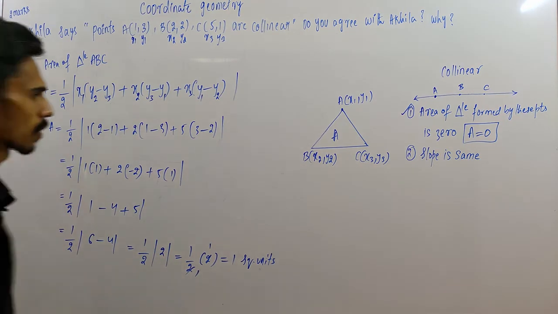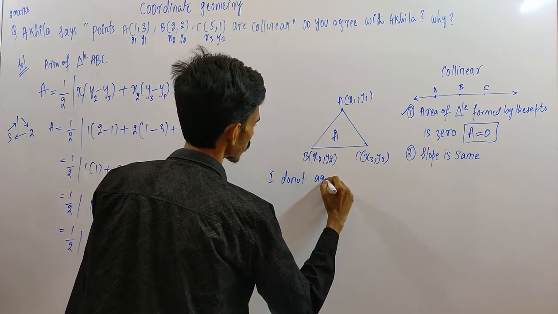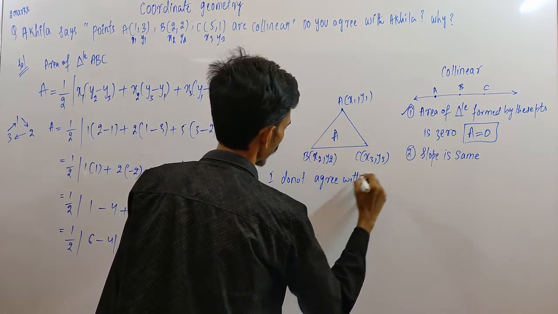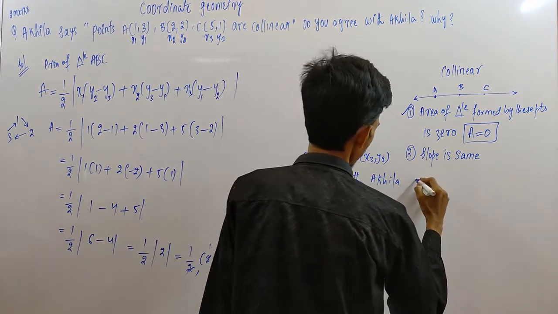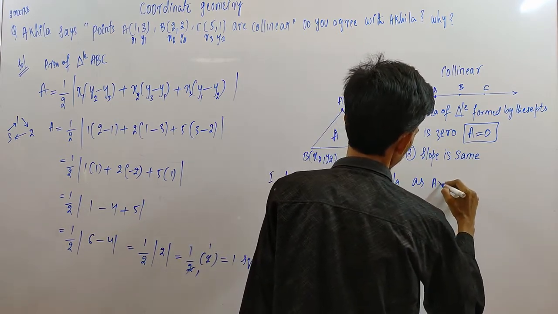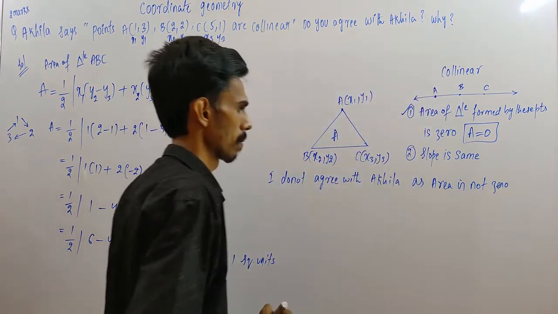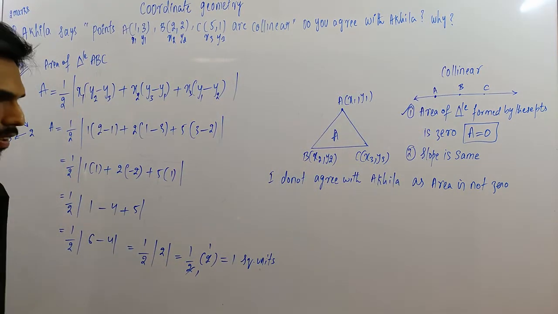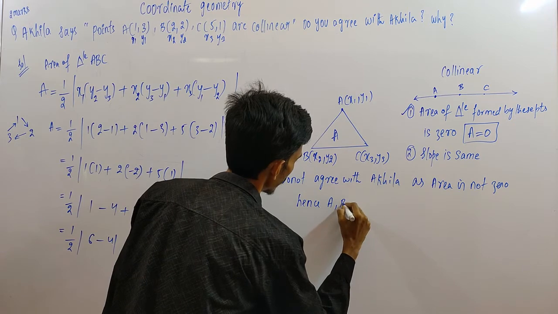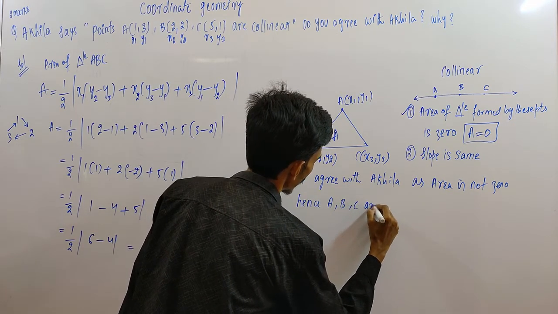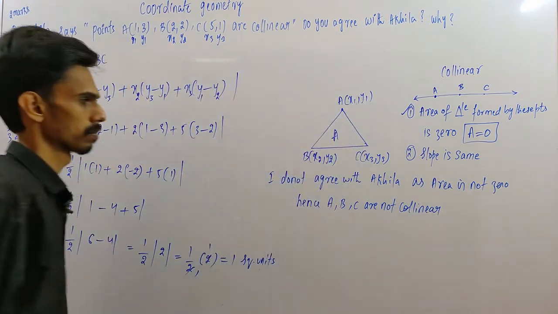So we can say that I do not agree with Akhila, as the area is not 0. Hence, A, B, C are not collinear.